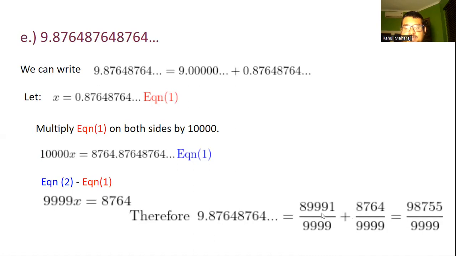We can add it to 9, which is 89,991 divided by 9,999, in order for the denominators to be the same. And then we add our numerators to get 98,755 divided by 9,999. Okay, that's the end of my presentation.